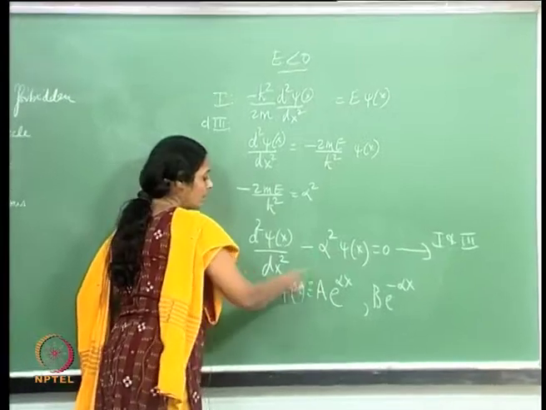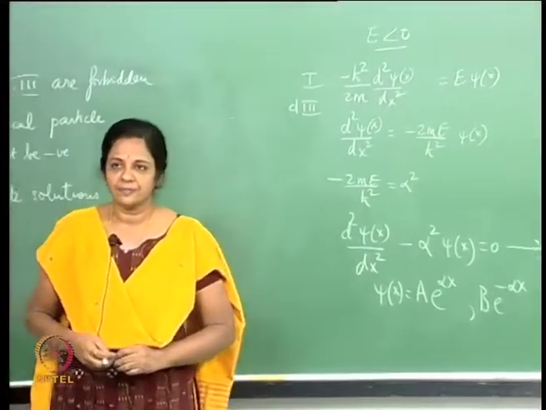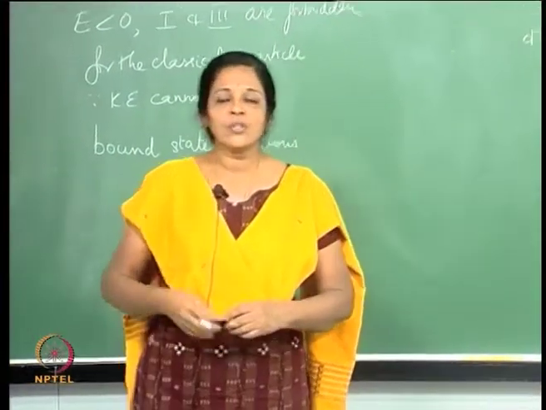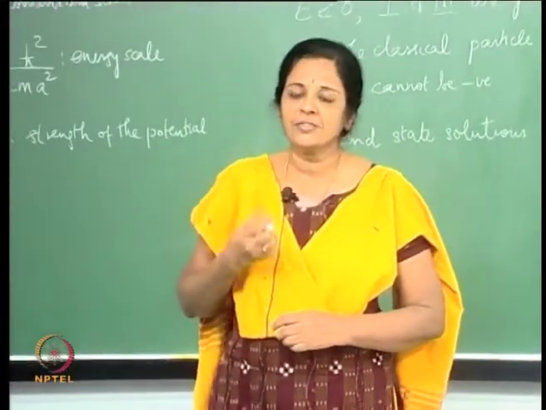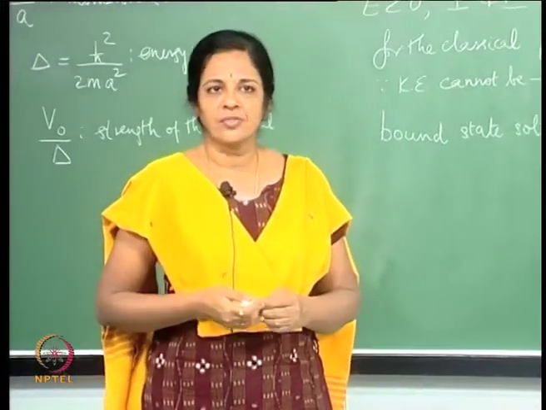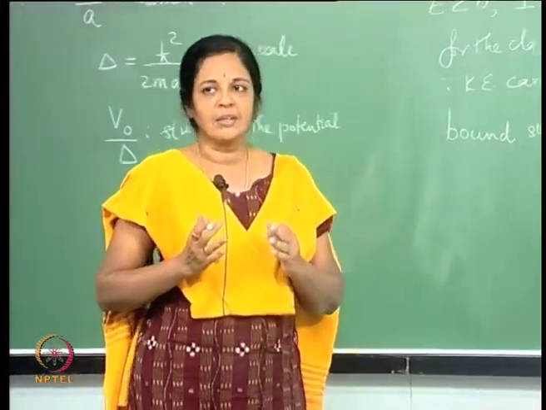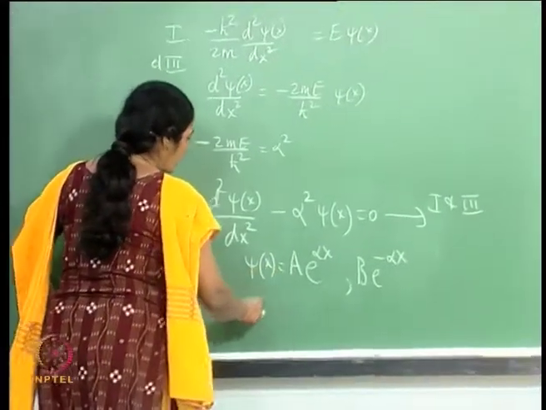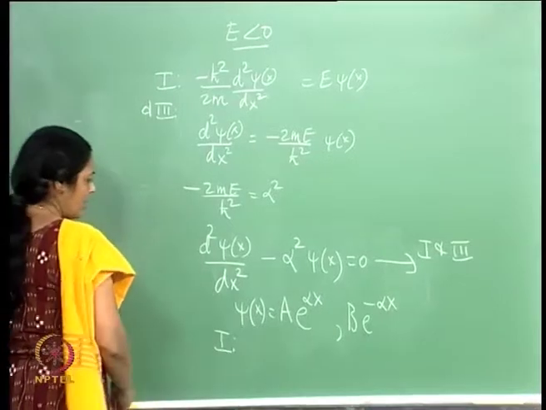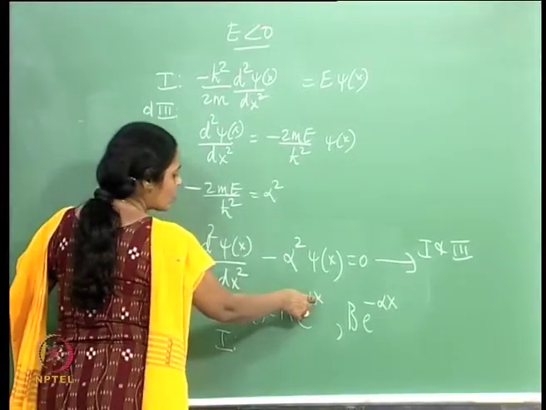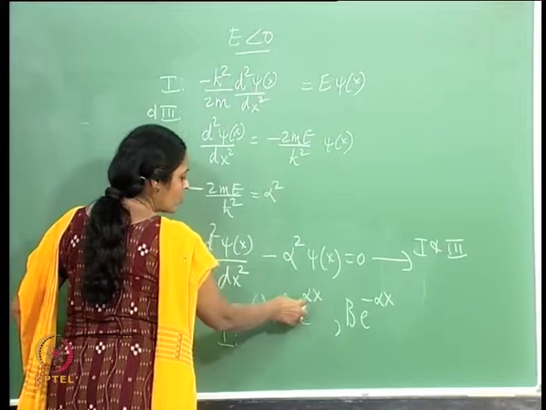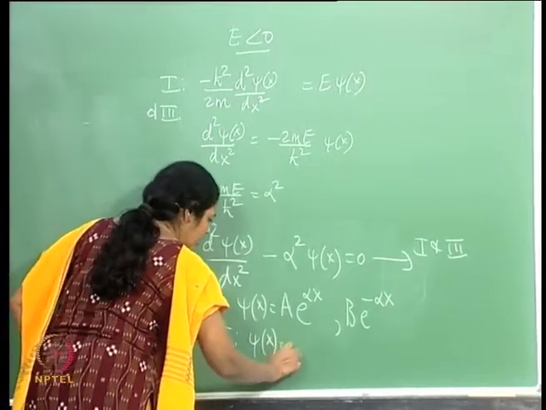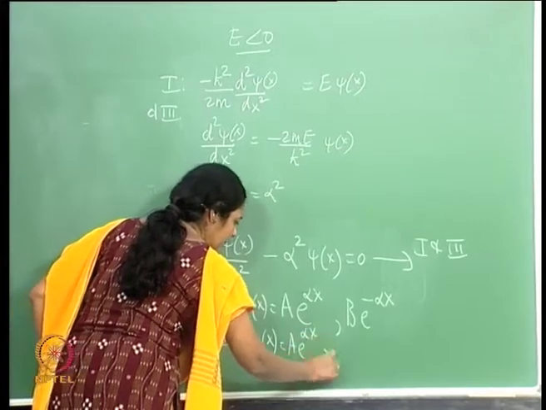But then boundary conditions have to be respected. Certainly at space infinity, that's x going to plus infinity or minus infinity, the wave function has to vanish in order to sustain the probabilistic interpretation. And therefore, since we are looking at region 1 first, in region 1 x goes to minus infinity and there is no problem here, whereas that blows up, and therefore in region 1 psi of x is a e to the alpha x.